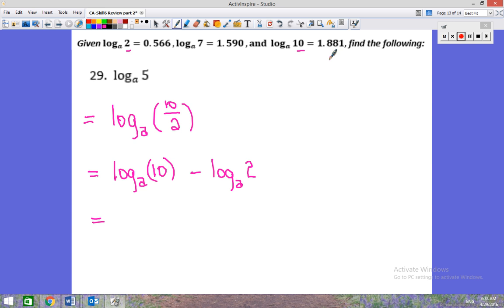And they give us both of these values. 1.881 minus, there it is, 0.566, and when I do that subtraction, I get 2.315 if I've keyed that in right. I used my calculator. All right.